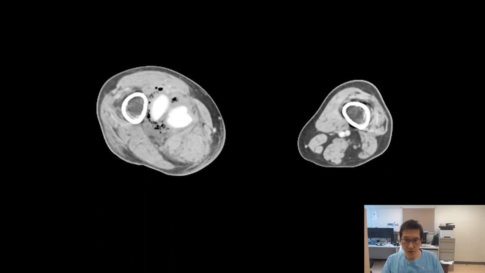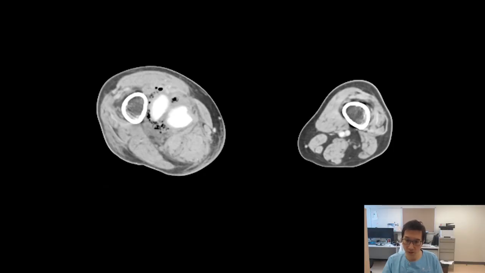CT imaging is also extremely helpful at looking at other parts of the body. For example, here, this was a man, again, presenting with symptoms in the right thigh. He had been having thigh pain for a couple of days with fever and rigors, and he had quite a swollen right thigh.